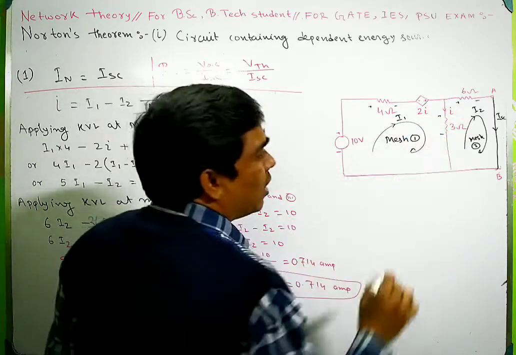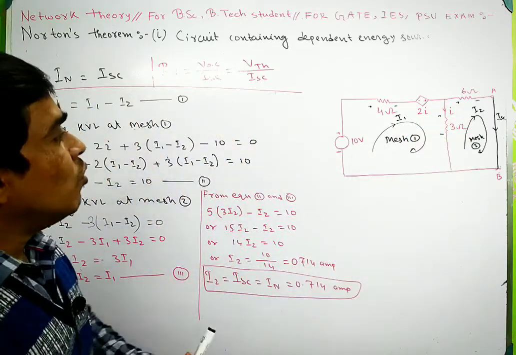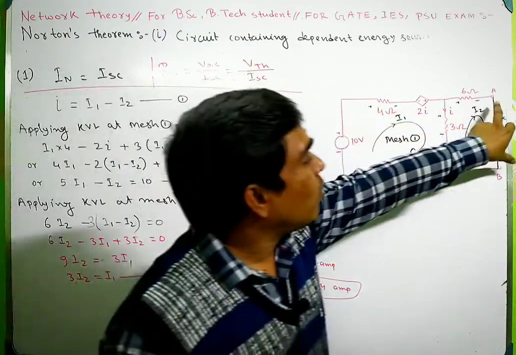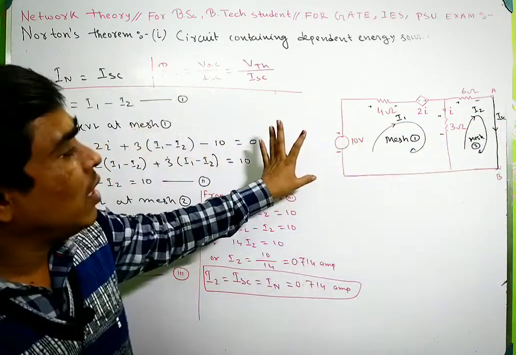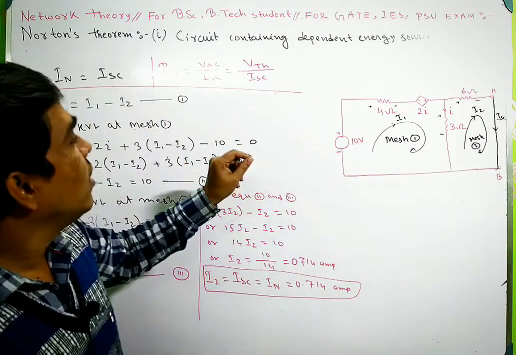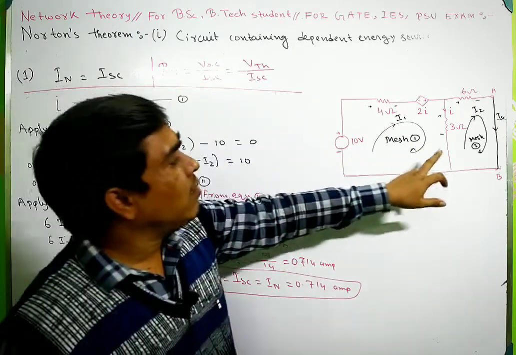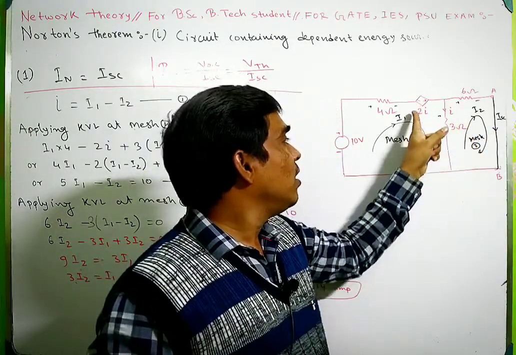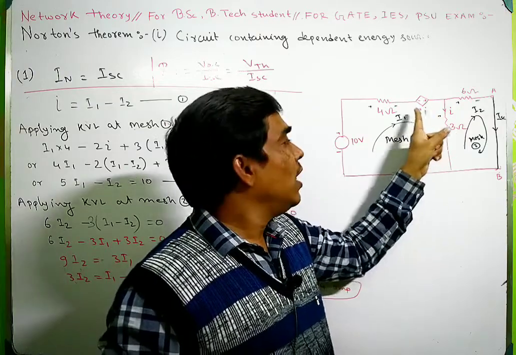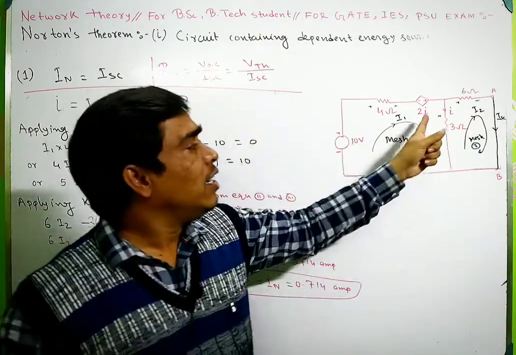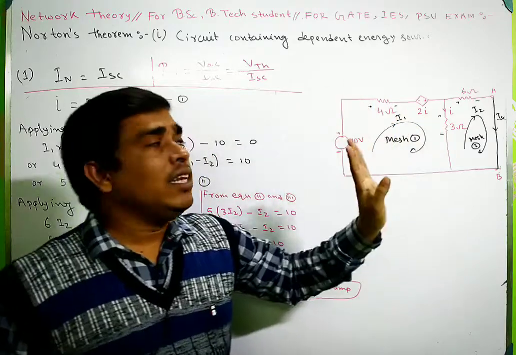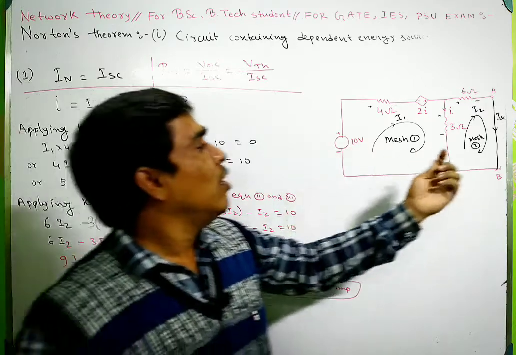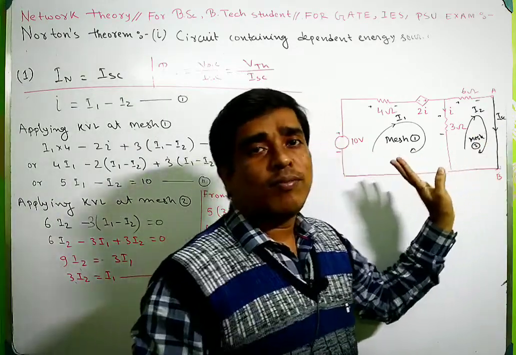So from this circuit we have to calculate the open circuit voltage across this terminal, or VTH across this terminal. You cannot calculate the equivalent resistance seen across this terminal because this is a dependent energy source. If the circuit contains a dependent energy source, then you cannot calculate the equivalent resistance by looking across this terminal.